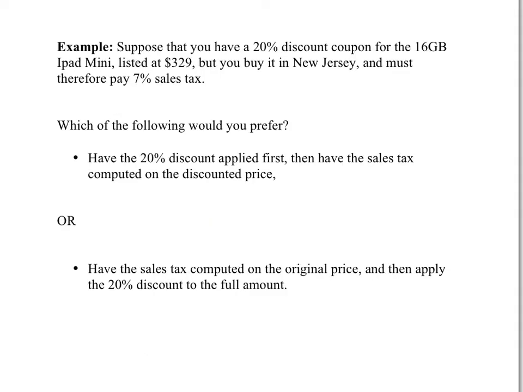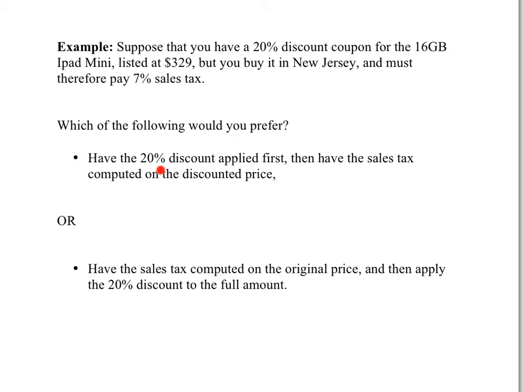Our next example is something I've actually seen people have intense arguments about. Suppose you have a 20% discount coupon for the 16GB iPad mini listed at $329, but you buy it in New Jersey and therefore you pay 7% sales tax. Now, the question is, which of the following would you prefer? So you go up to the counter to pay.